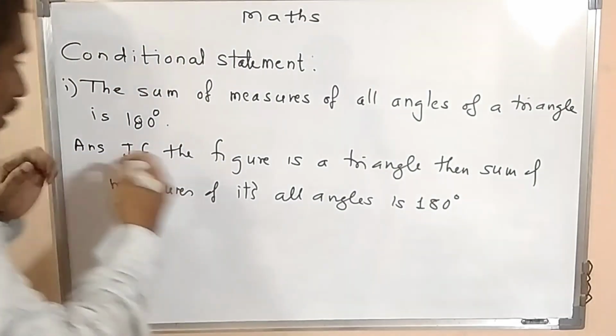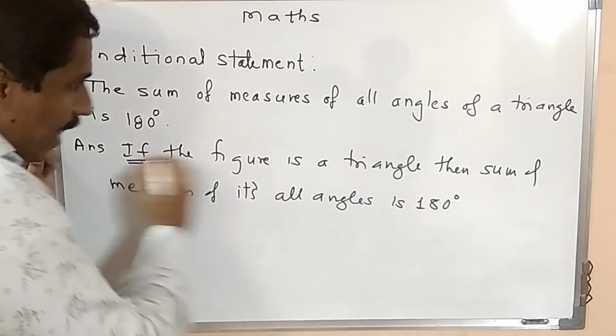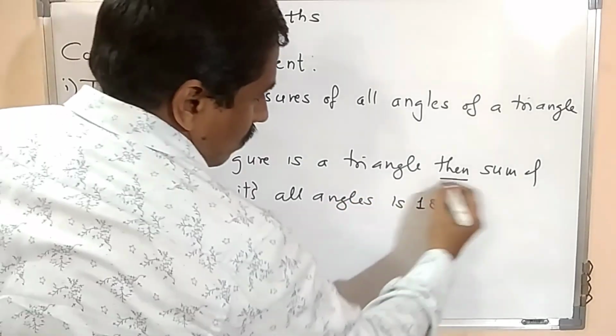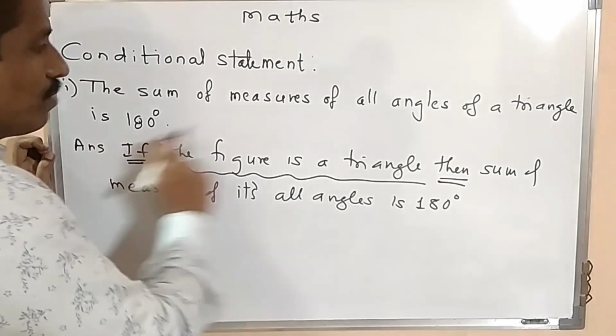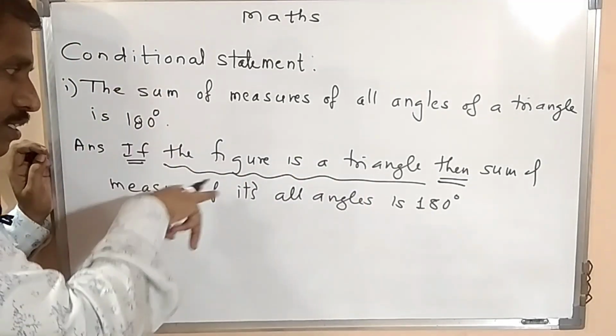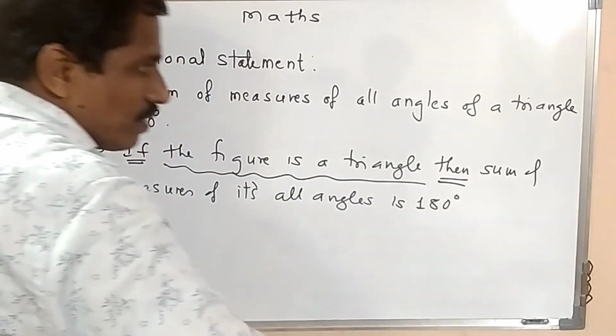Here, the part of the statement between if and then, this is called given part. It means part of the statement following if is called given part.